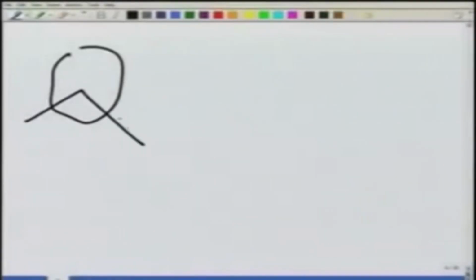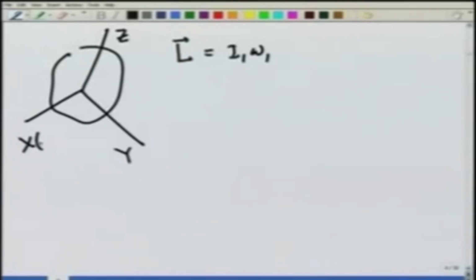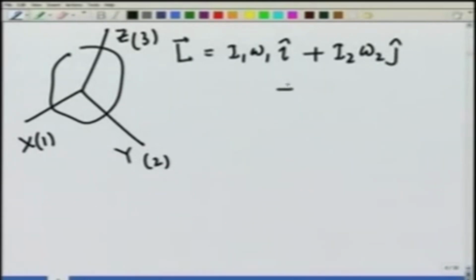But this is quite a simplification, that for a given body, suppose these are the principal axes x, y, z, then the angular momentum is going to be given as I1 omega 1, and for now let me change this to 1, 2 and 3 in this direction, plus I2 omega 2 in y direction, plus I3 omega 3 in k direction.